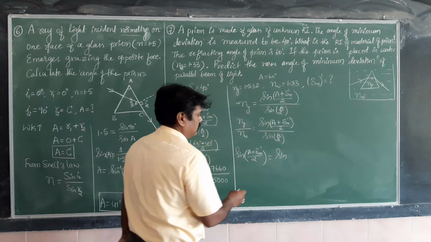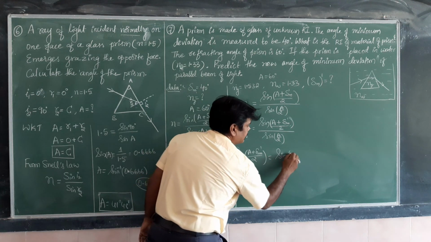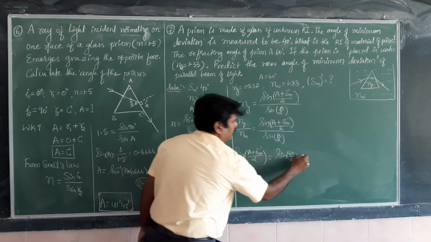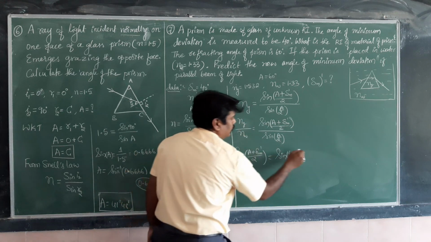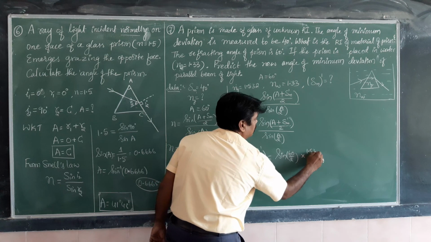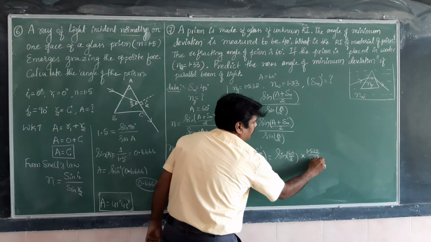That does not alter. So sine of 60 degrees divided by 2, into Ng by Nw. Ng is 1.532 and Nw is given as 1.33.